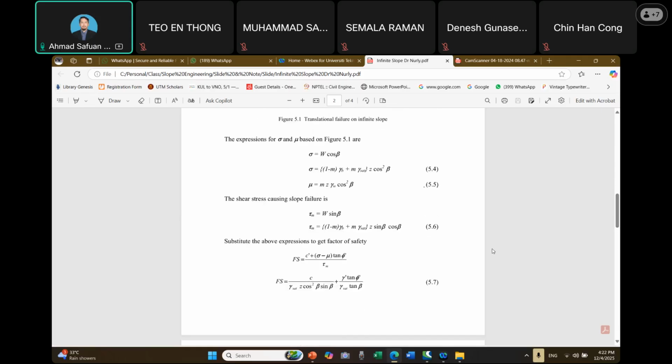They also simplify the equation to get the similar result to what we have discussed before.